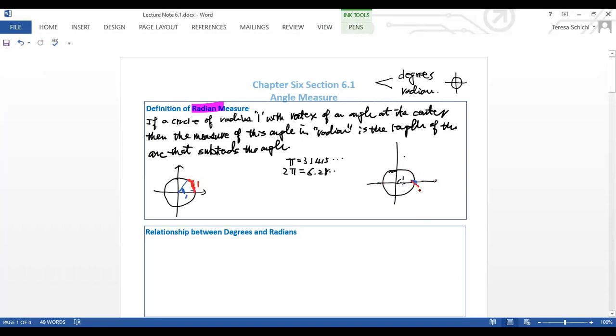You cut it, then pull it up and straighten it, so it becomes a straight line. Then, from here to here, if you physically use a ruler to measure the distance, it will be 6.28 something, depending on how accurate your ruler is.